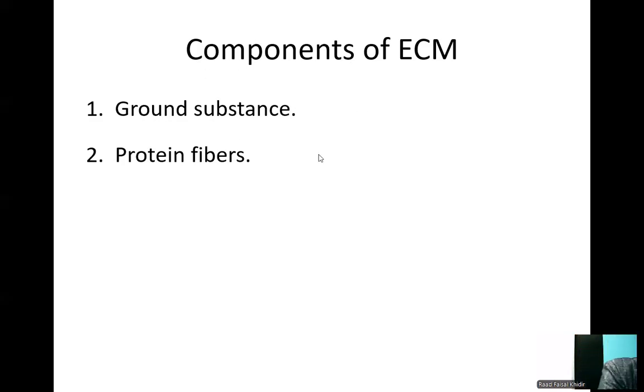The extracellular matrix is divided into two parts.